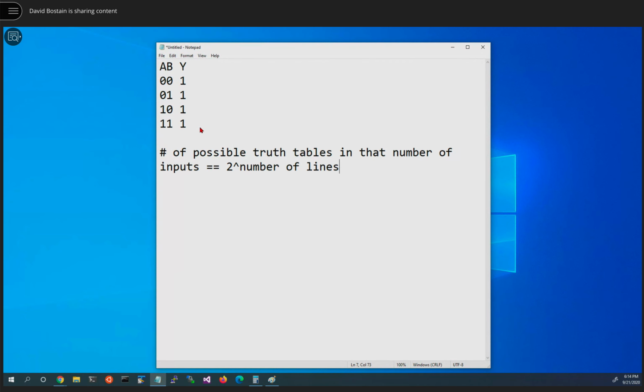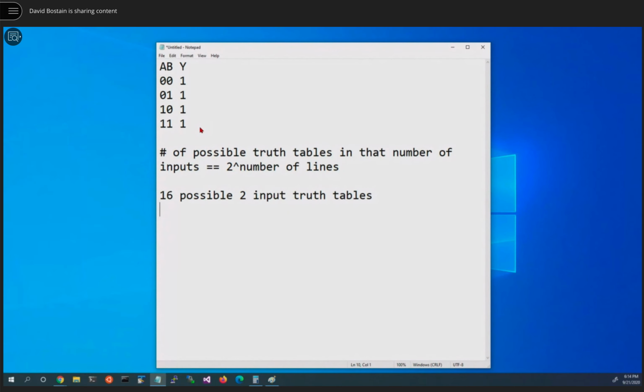So in this case right here, that means there are 16 possible 2-input truth tables. Now I'll tell you now, some of them have names, some of them are fairly useful, some of them don't have names, some are less useful, but they do show up.